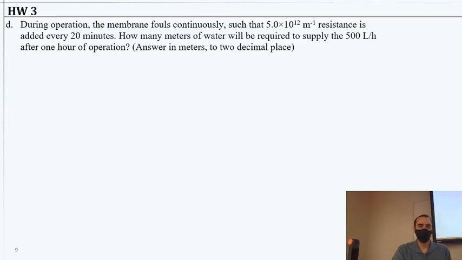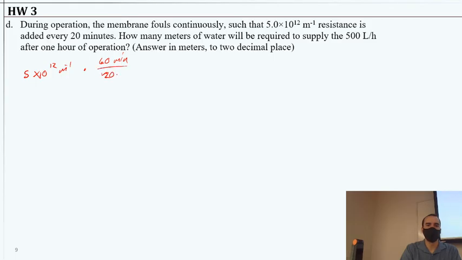So if we're adding that much resistance every 20 minutes, and we're looking at 1 hour later, essentially we're taking 5 times 10 to the 12th per meter and multiplying that by 3, because there are 3 sections of 20 minutes in an hour, right? So we could do times 60 minutes over 20 minutes.